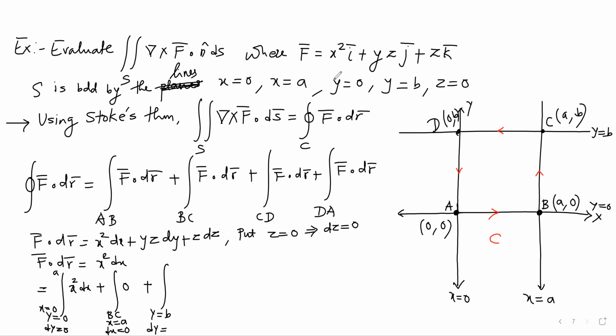So dy is 0. So that is x squared dx. And what are the limits? I'm going this way, so x is from a to 0. Correct?